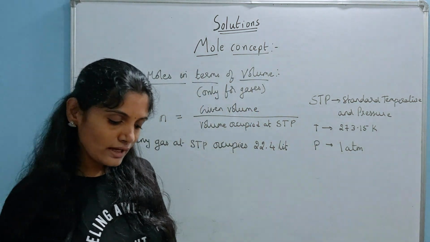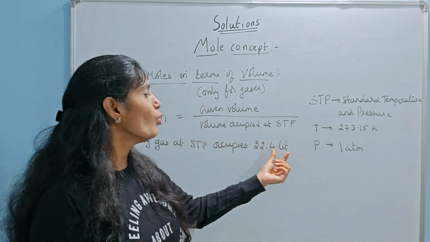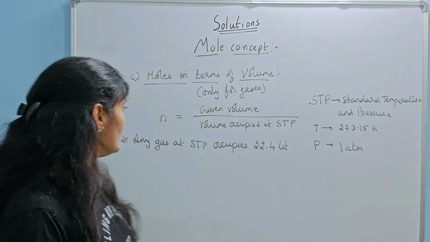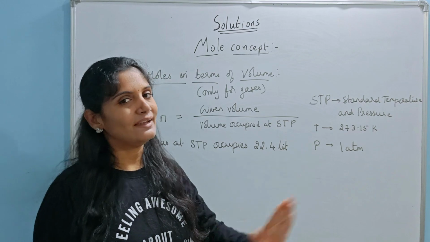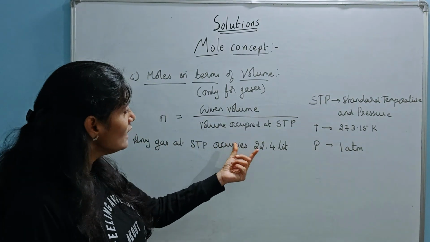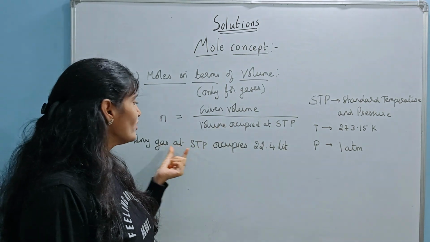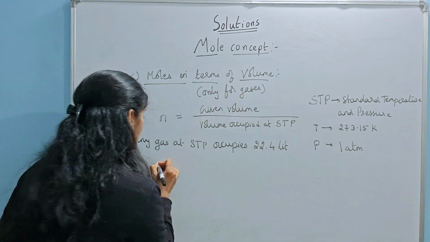So how many liters of volume does any gas occupy at STP? 22.4 liters. Now that we have understood this, let us quickly substitute it here.